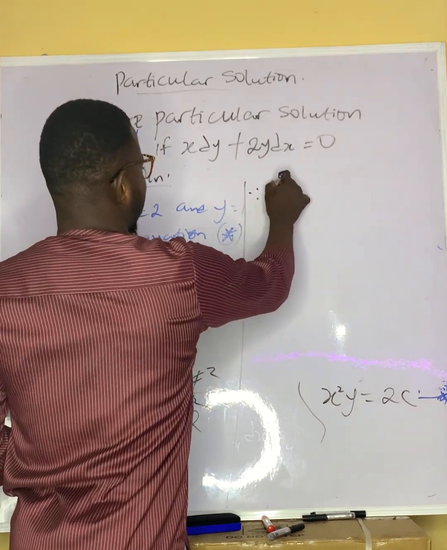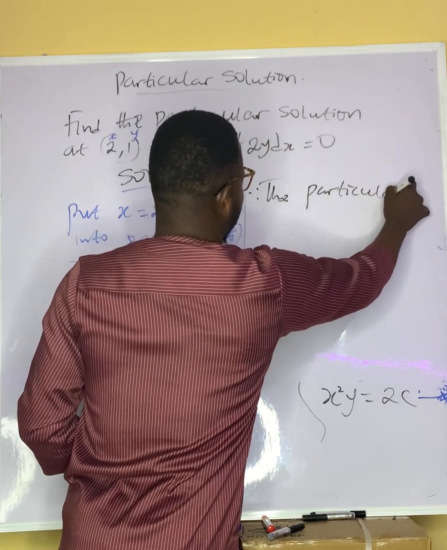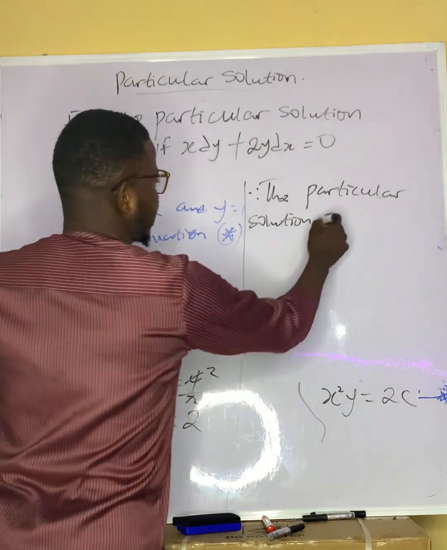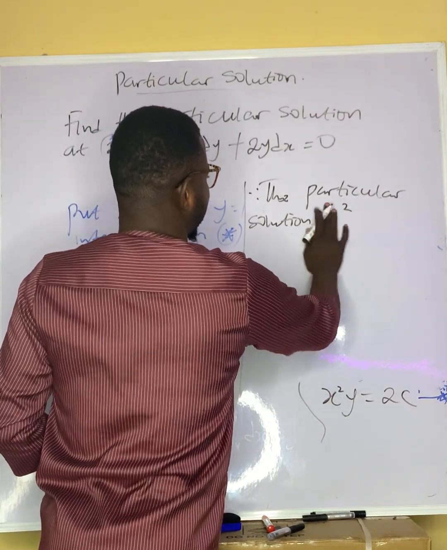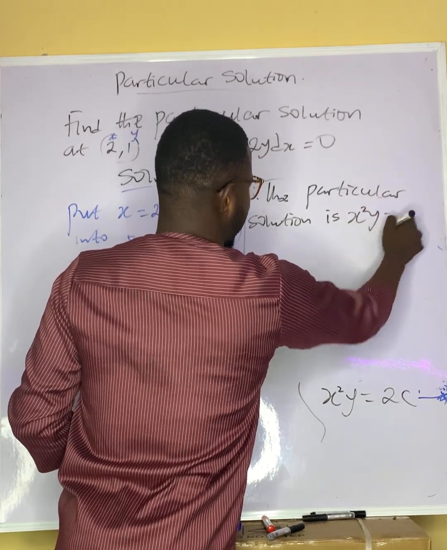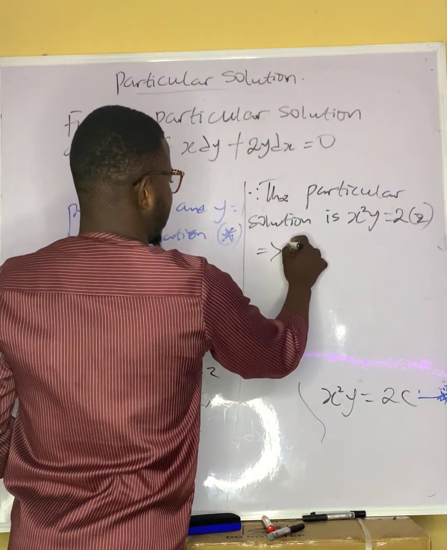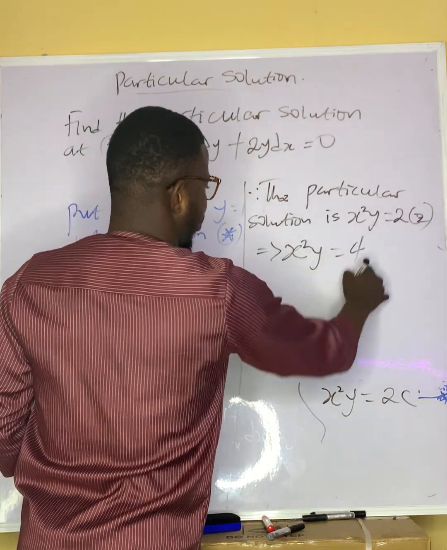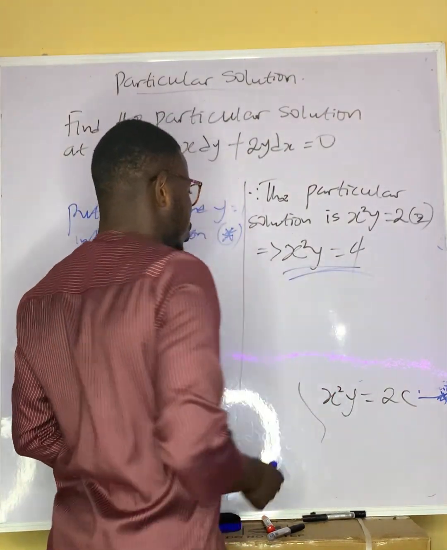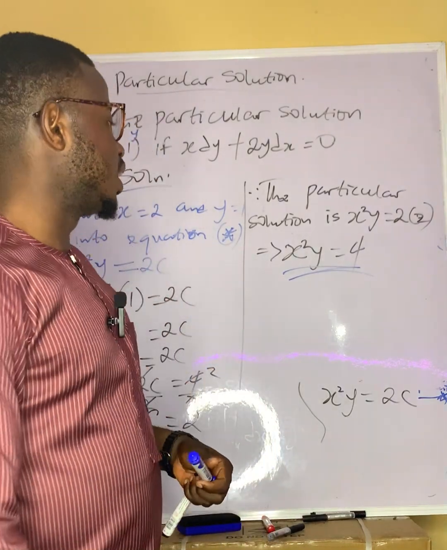Therefore, the required or the particular solution to the question given is x squared y equals to, the value of c now is 2. So this implies that x squared y is equal to 4. So this implies that the required solution is x squared y equals to 4.